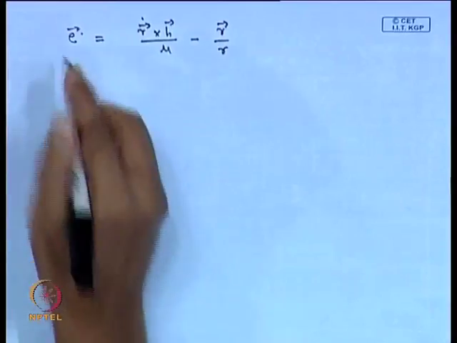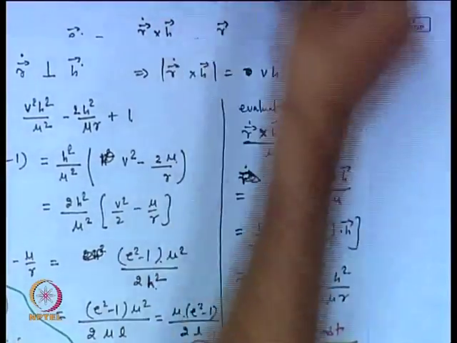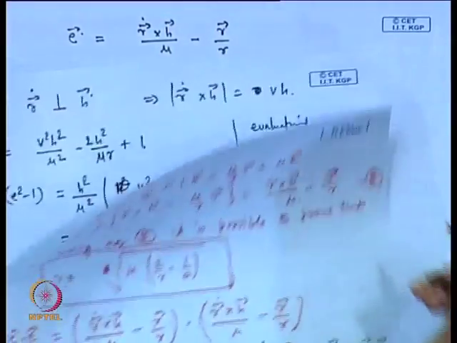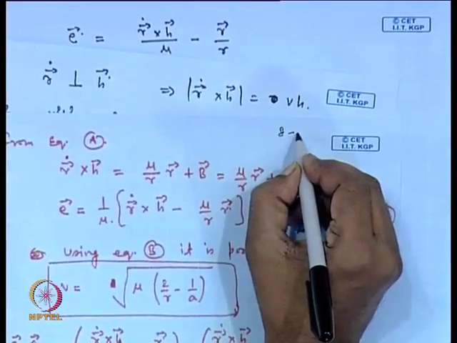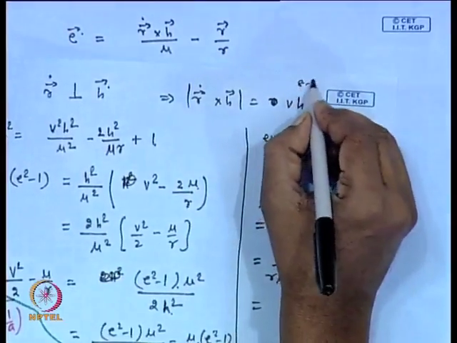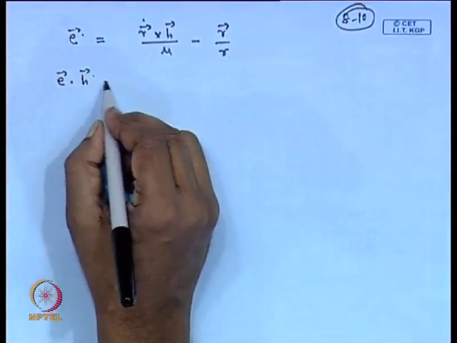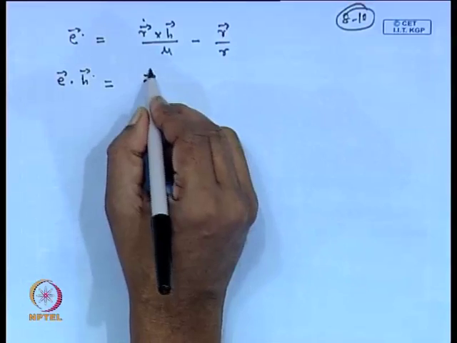Now, let us take the dot product of e with h, and let us see what happens.